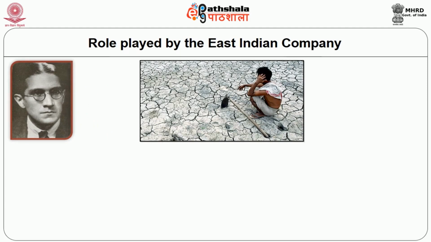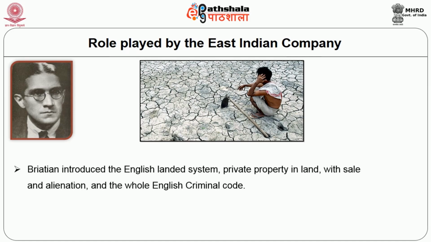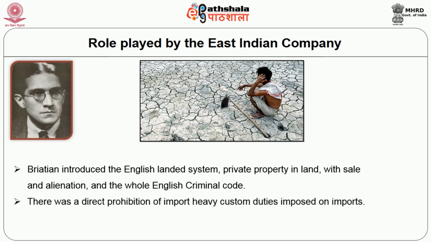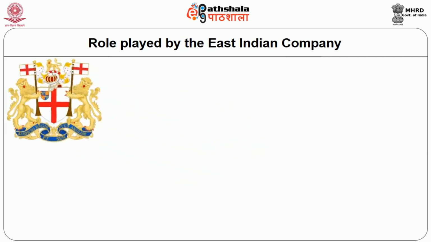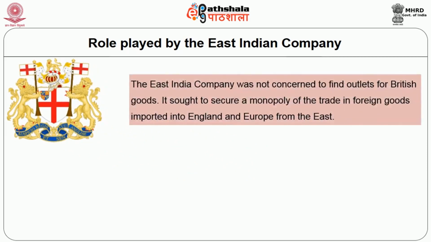In the third perspective, he posits that Britain introduced the English landed system, private property in land with sale and alienation, and the whole English criminal code. And fourth, there was a direct prohibition of import, with heavy customs duties imposed on imports. In the light of the East India Company, Palme Dutt enunciates that the East India Company was not concerned to find outlets for British goods.